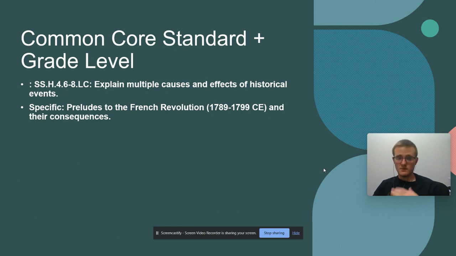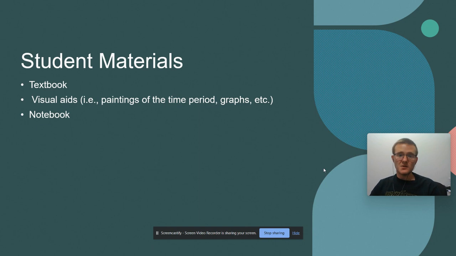So my goal, in summary, is I want students to be able to explain the causes of the French Revolution and then the immediate effects that it had on the world around them afterwards. So the materials that I would like students to use for this assignment would be to have their textbook, and that can be any particular textbook.